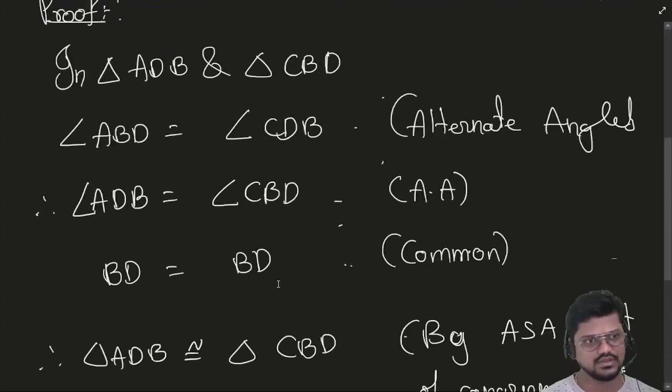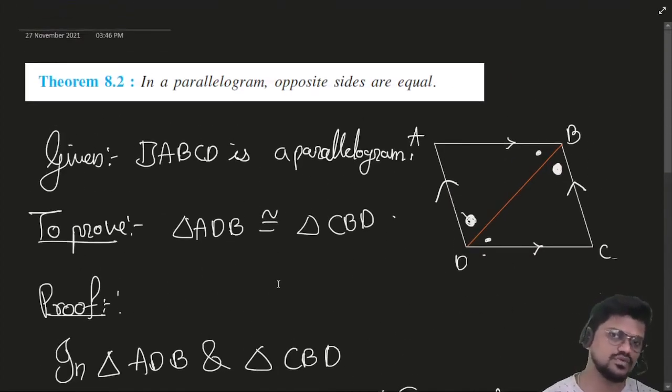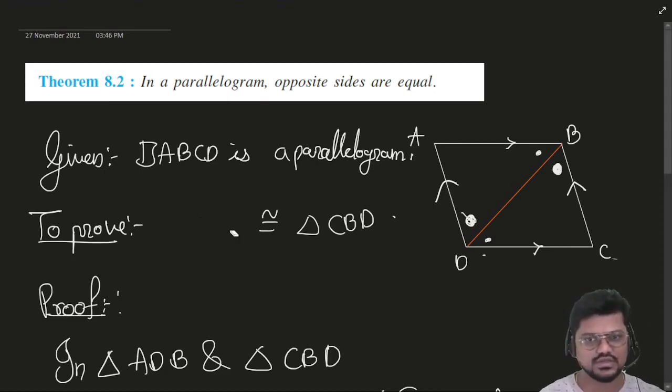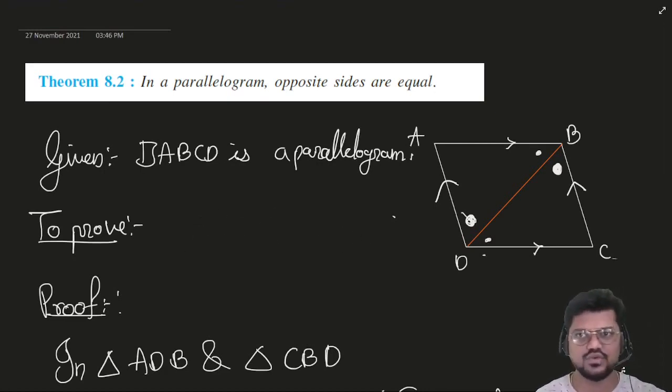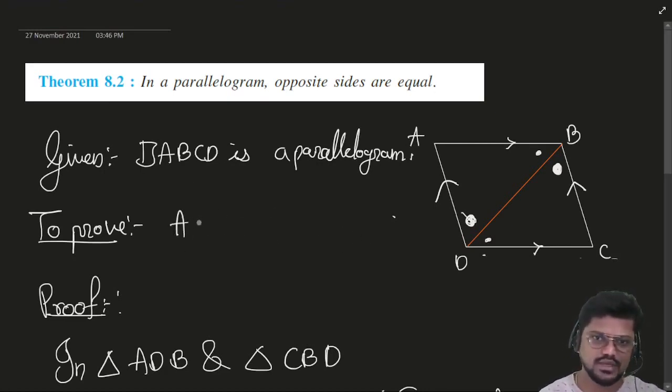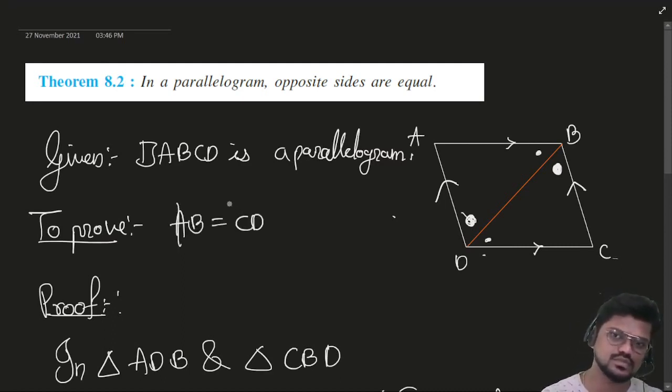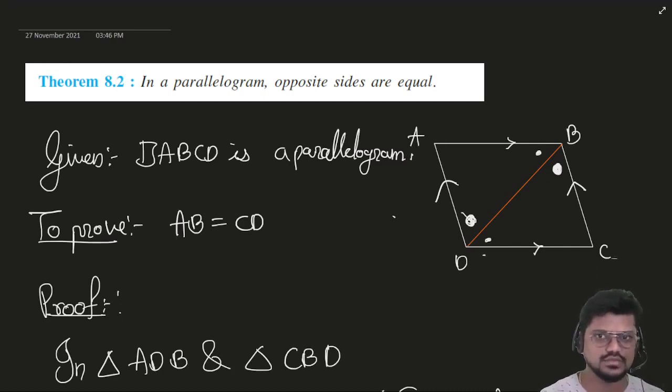Understood? Then the opposite sides are equal, and proved. Now over here the proof will change. What you have to prove is AB is equal to CD. Understood? Clear? The next theorem.